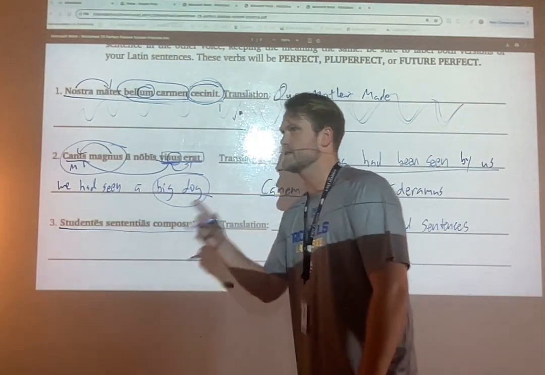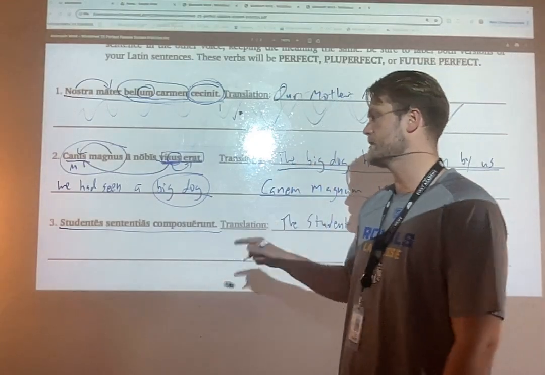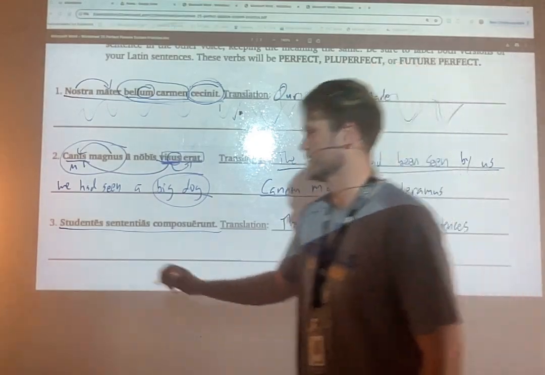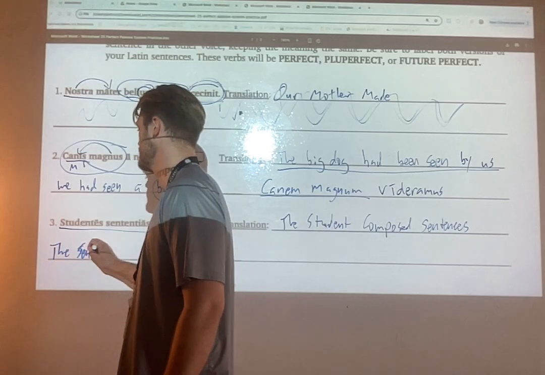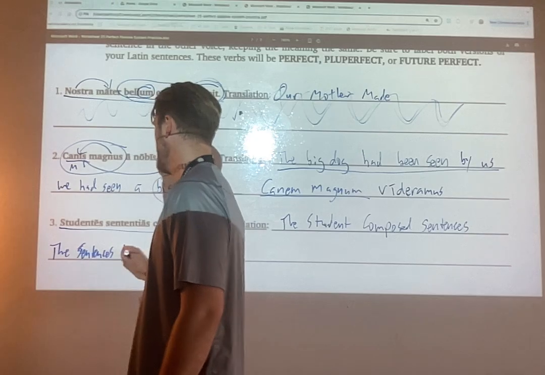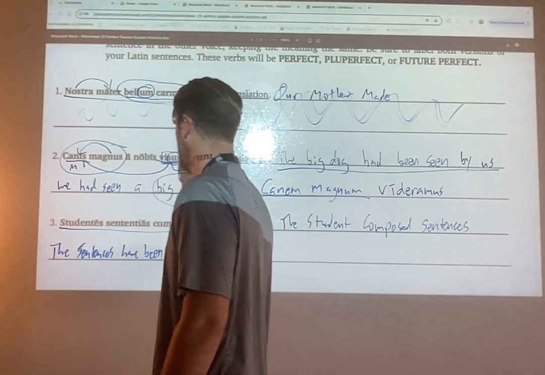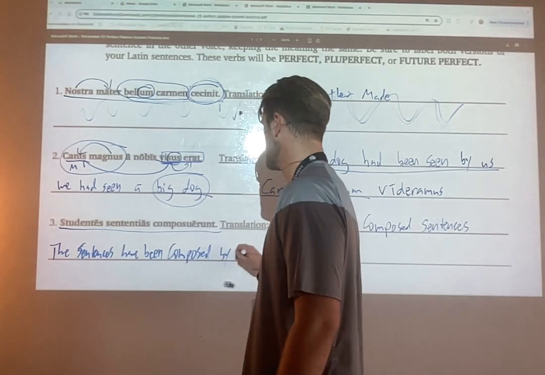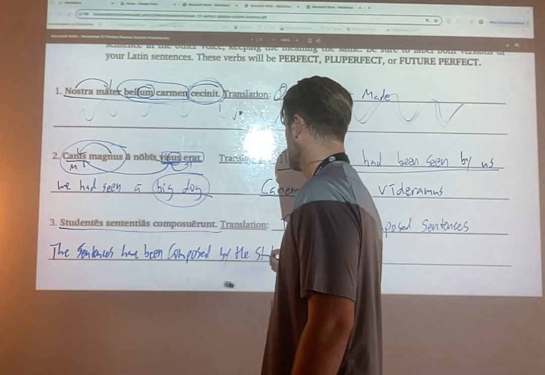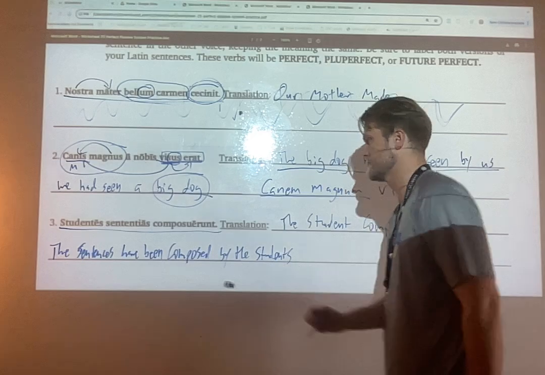Now we needed to say the sentences have been composed by the students. That would be the other way to say the sentence. The sentences have been composed by the students. All right, so that's the sentence now.